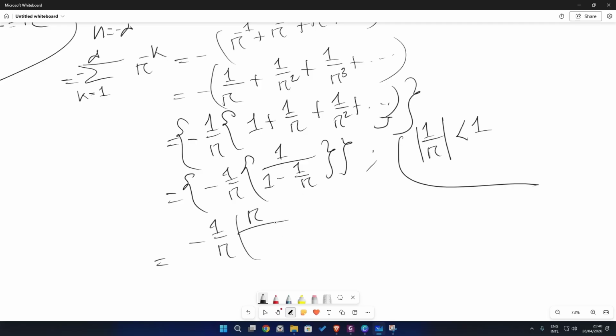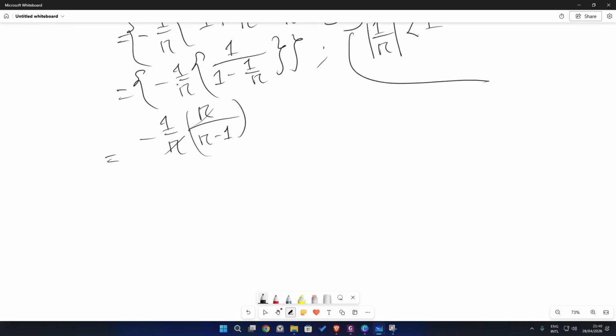The r will be in the top part and the rest will be in the bottom part. This will be deducted and the final result will be minus r by 1 minus r.